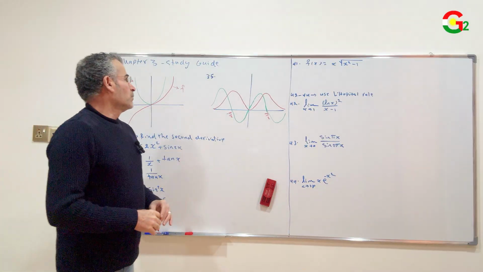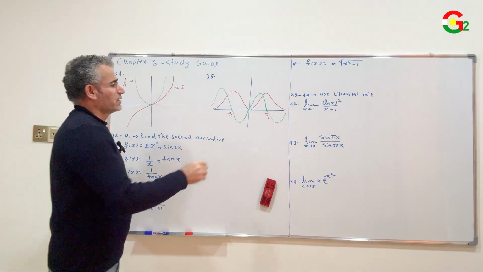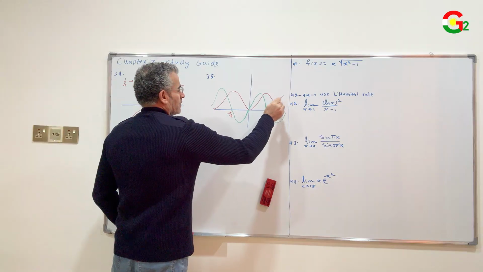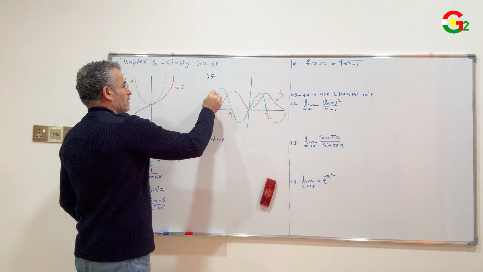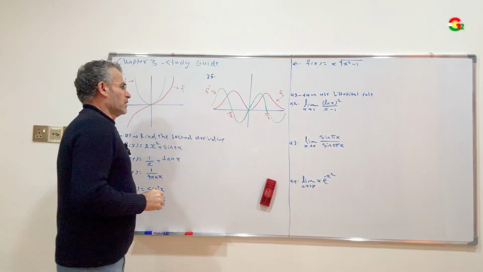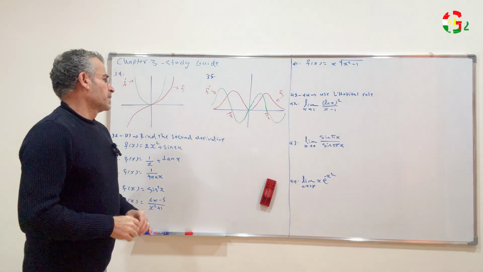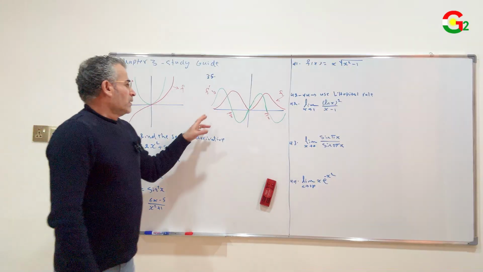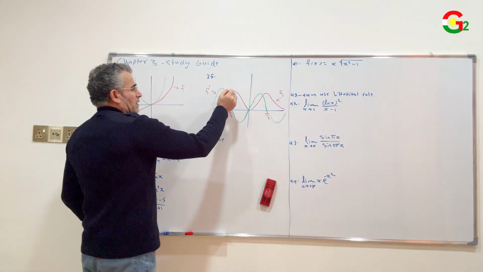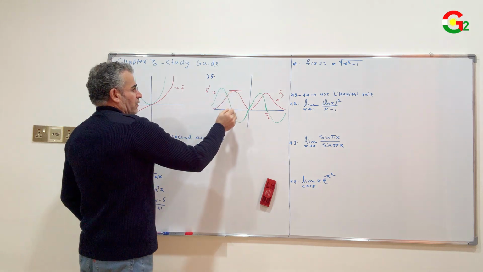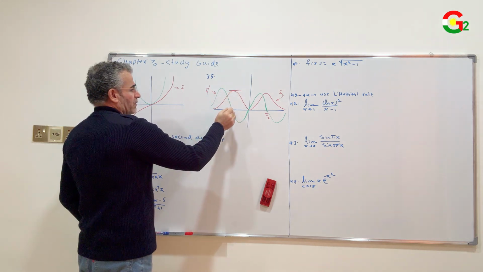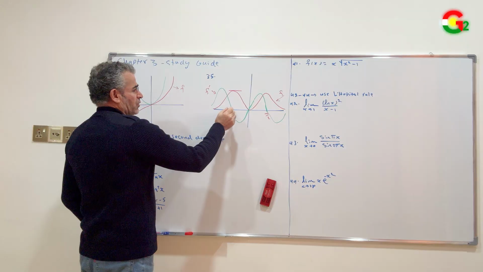For question number 35, the function is the graph in red and its derivative is the graph in green. Since the function has a horizontal tangent line at negative pi over 2 and the derivative intersects with the x-axis at this point.